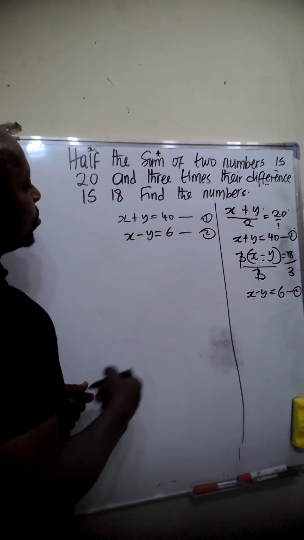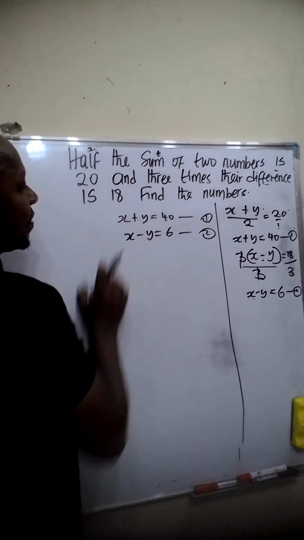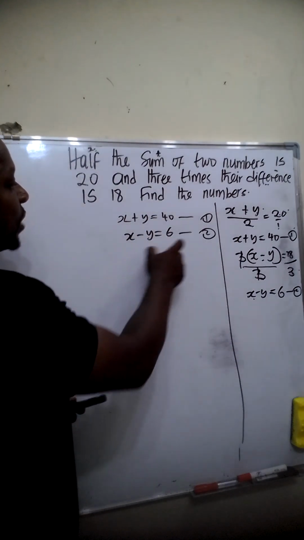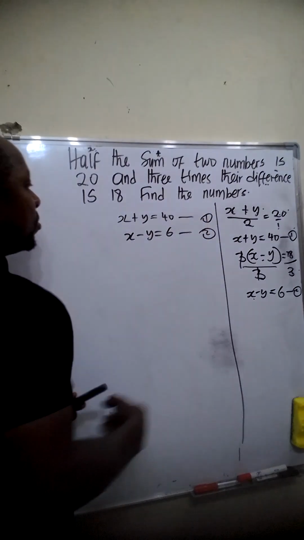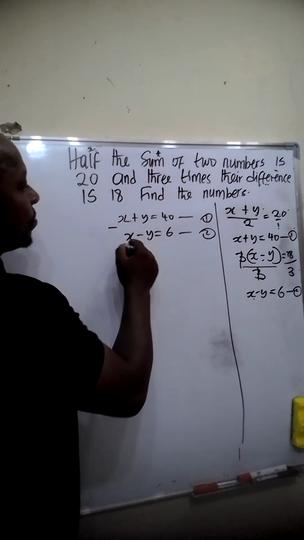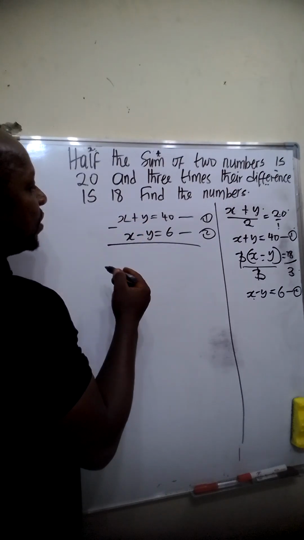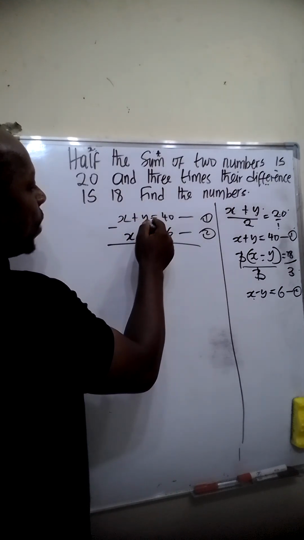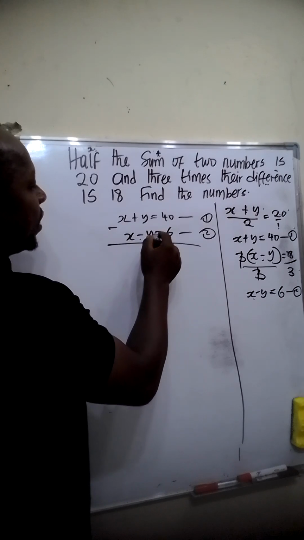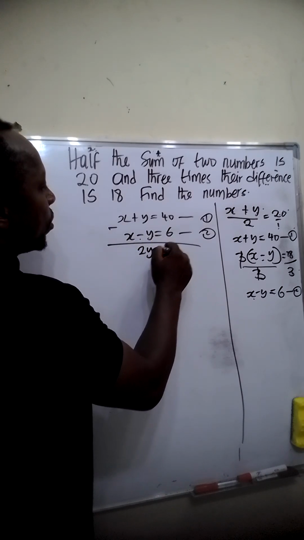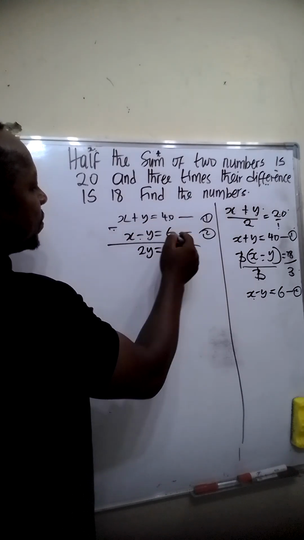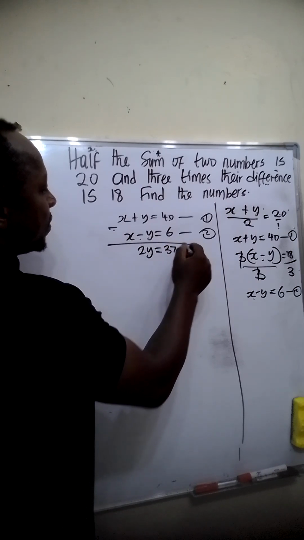We can decide to eliminate x, and this can be done by subtracting equation 2 from equation 1. If we subtract, x minus x is 0. Now we're left with y minus negative y, which is 2y, equal to 40 minus 6, which is 34.